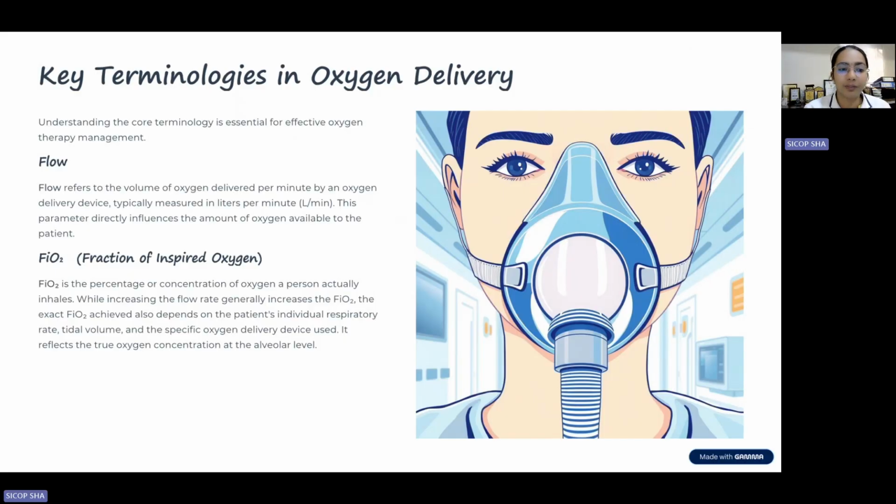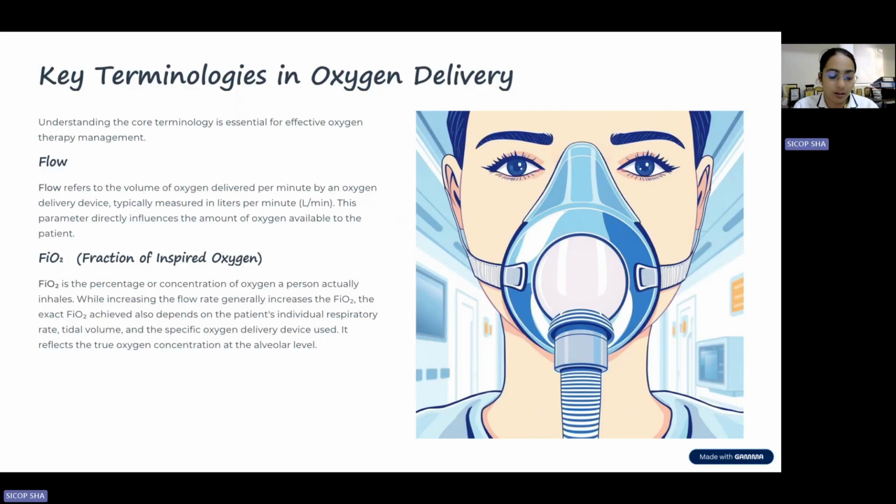Our normal breathing happens at 21% FiO2. But when you provide an external oxygen delivery system, that FiO2 can be increased or decreased as per the requirement. You can deliver FiO2 ranging up to 100% so as to fulfill the requirements of the patient. So FiO2 is the percentage or concentration of oxygen a person actually inhales.